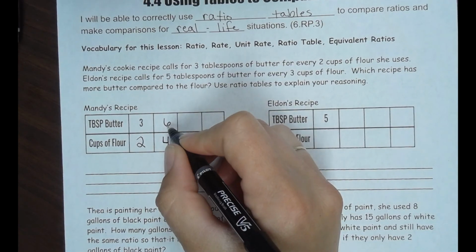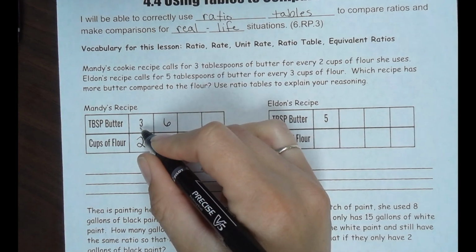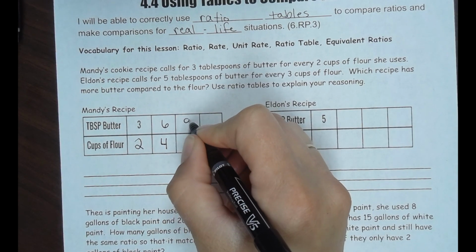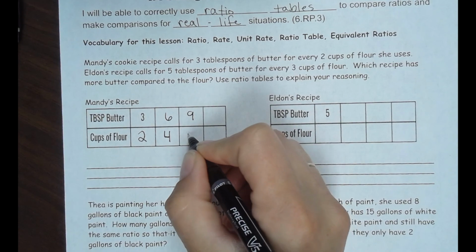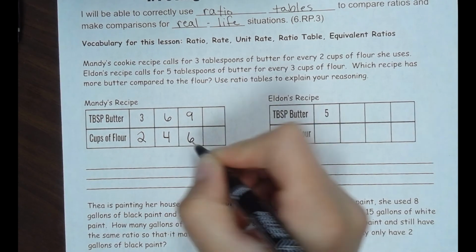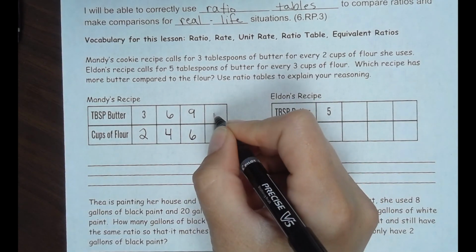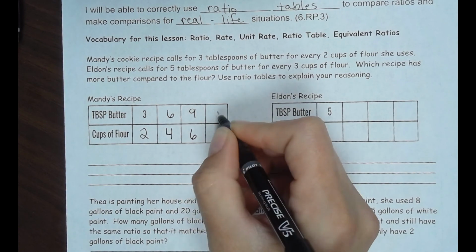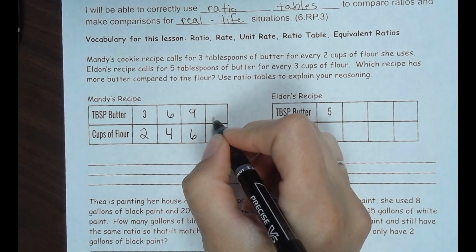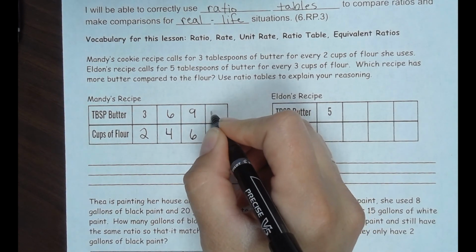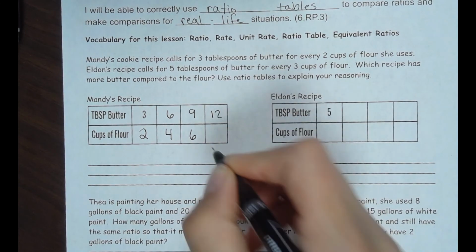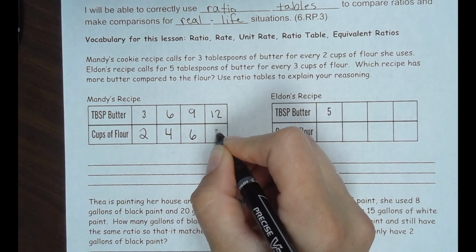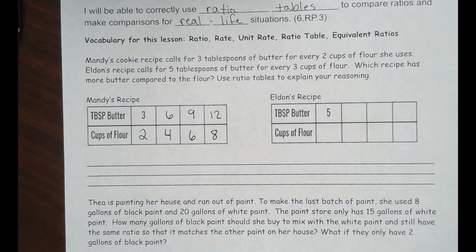If we times this by 3, so 3 times 3, that would be 9 tablespoons of butter for 6 cups of flour. If I times this by 4, that would be 12 tablespoons of butter and 8 cups of flour.